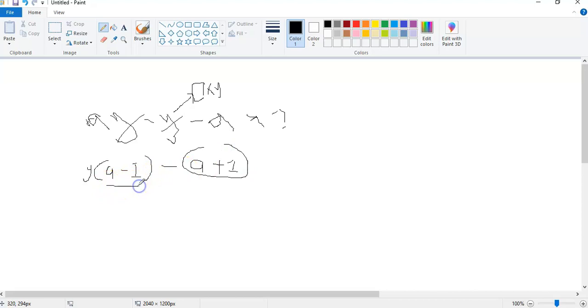Now, to simplify further, you need to express this one to be the same as this. There is negative 1 here. If you want this one to be negative, you can factorize negative 1 out.